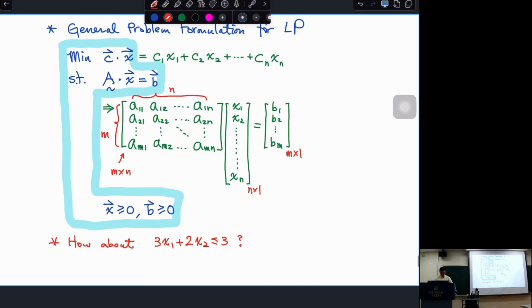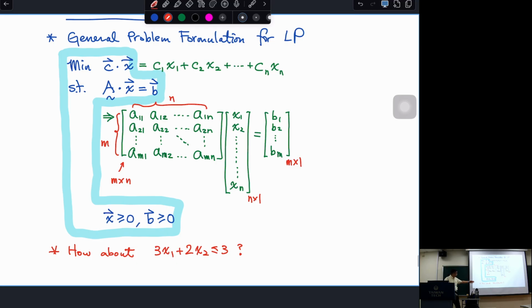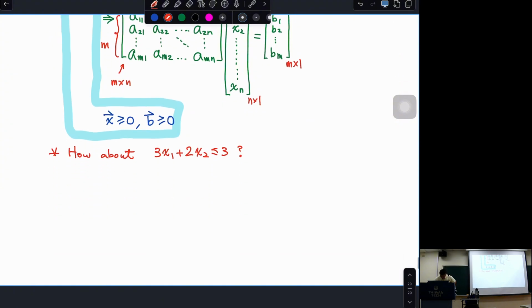There is no way for you to put this into your general LP formulation, right? Because of the smaller than or equals to sign. That sign is not equal sign. So how do you put it into the general format? So let me introduce one approach.